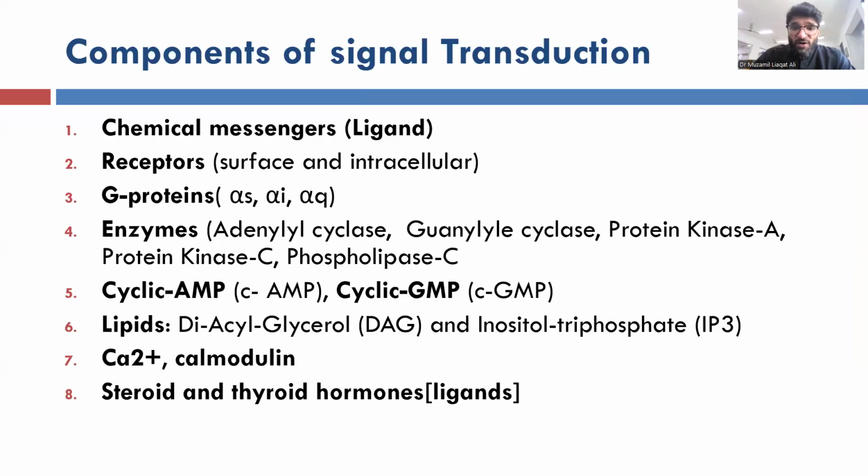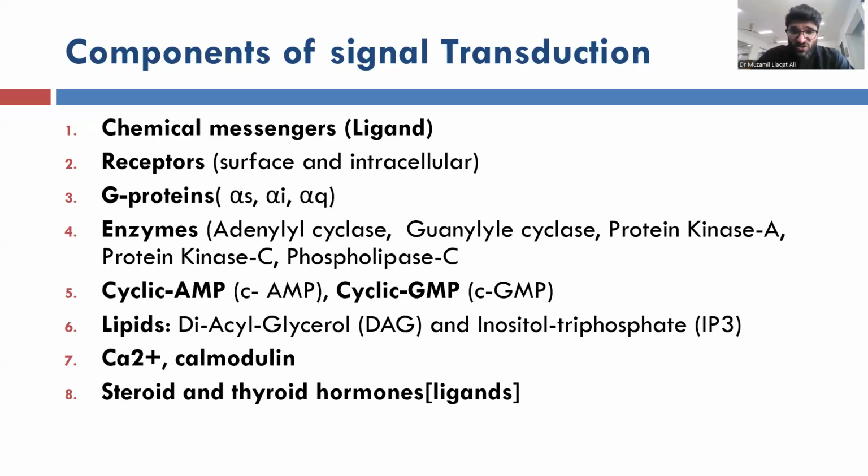Next are the components of signal transduction. The complete pathway requires a chemical messenger, the ligand, the stimulus. Next is the receptor, the G proteins, and the effector enzymes, for example, adenylyl cyclase, phospholipase C, guanylyl cyclase.